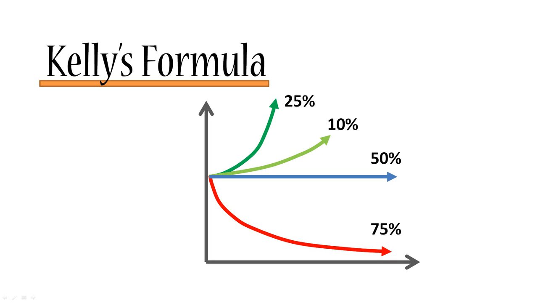And if you want to check for yourself, just try guessing any number and see what will happen. If you bet 24%, or 26%, or 30%, you will always see that any of those scenarios will be less profitable than the optimal outcome. And the optimal outcome is given by the Kelly formula. And in this case, it happens when you bet 25%.